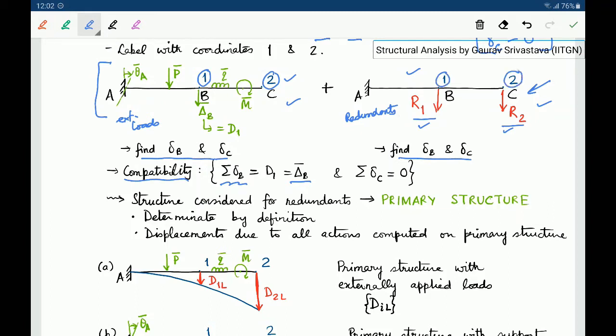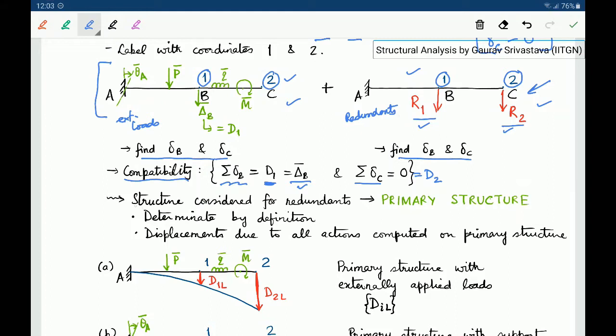These are the coordinate numbers. D1 denotes the total displacement at coordinate 1, which is at B, so that has to be equal to delta B bar for compatibility. The summation of delta C, which is also D2, has to be 0 because there is a support.